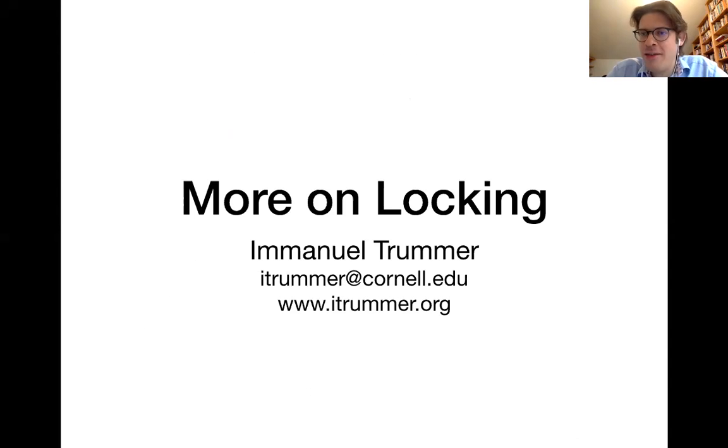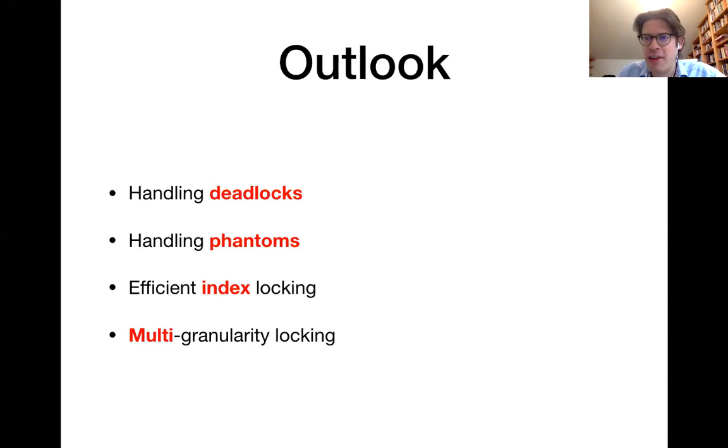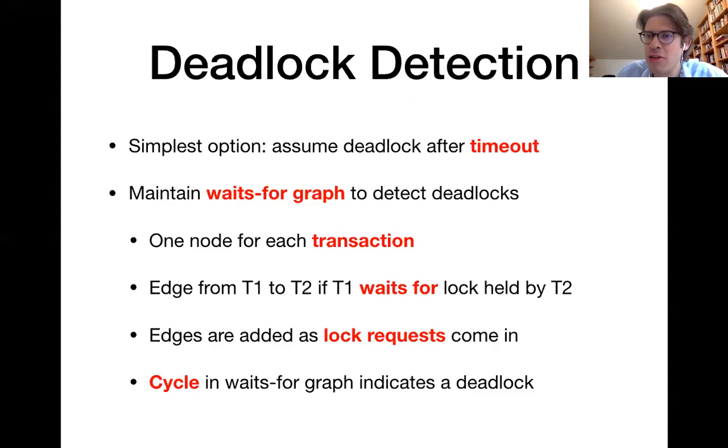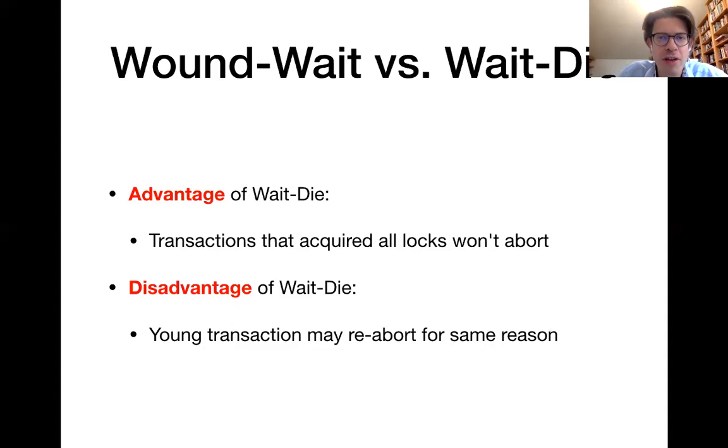So today we are going to discuss more about concurrency control. The last time we discussed a couple of specialized topics around locking. We discussed, for instance, deadlocks, and how to detect them or avoid them.